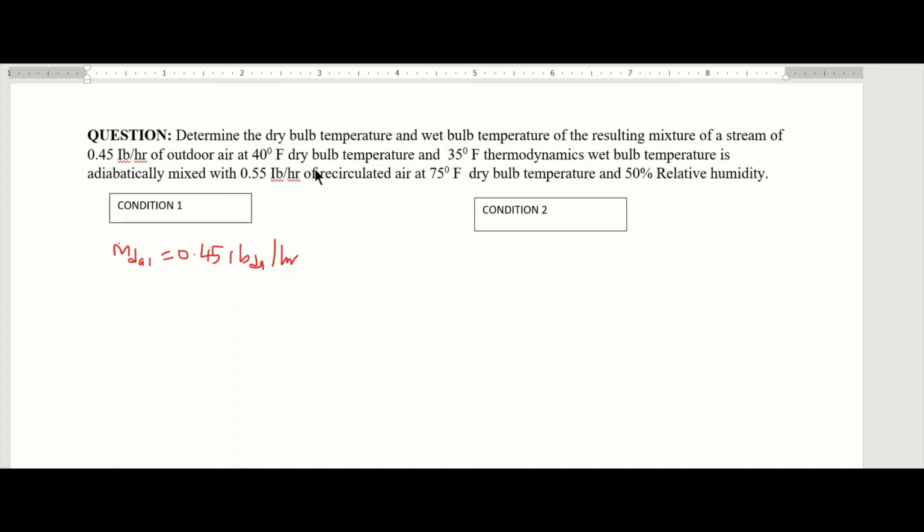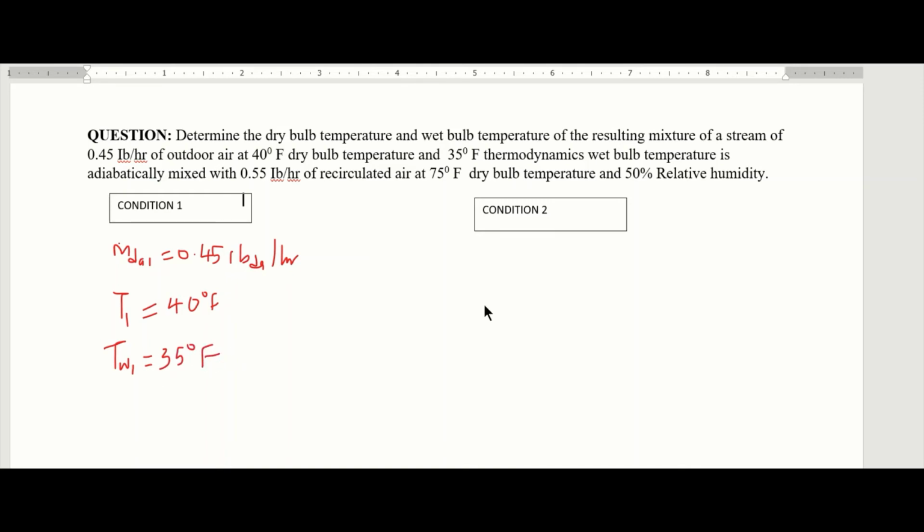We are given the dry bulb, let's call it T1, which is 40 degrees Fahrenheit. And we are also given the wet bulb, let's call it TW1, which is 35 degrees Fahrenheit.